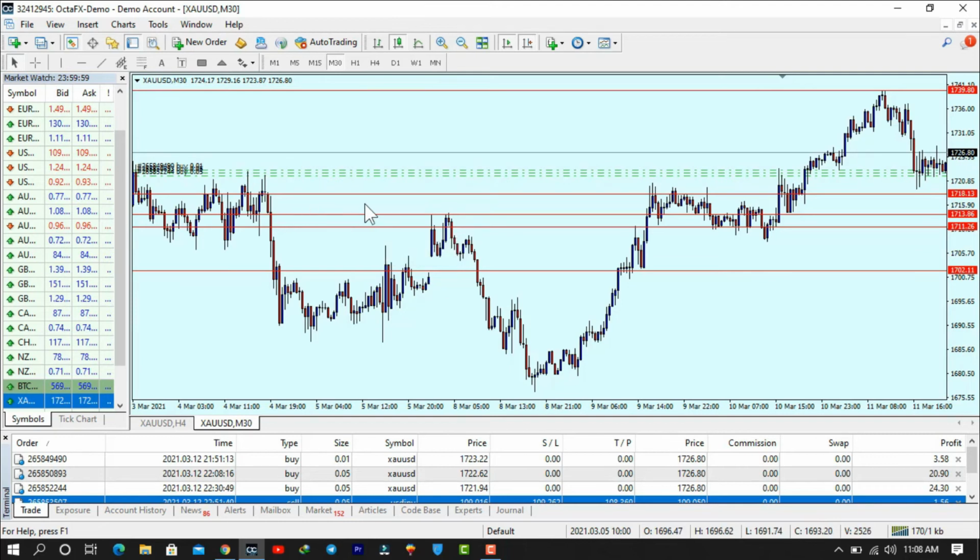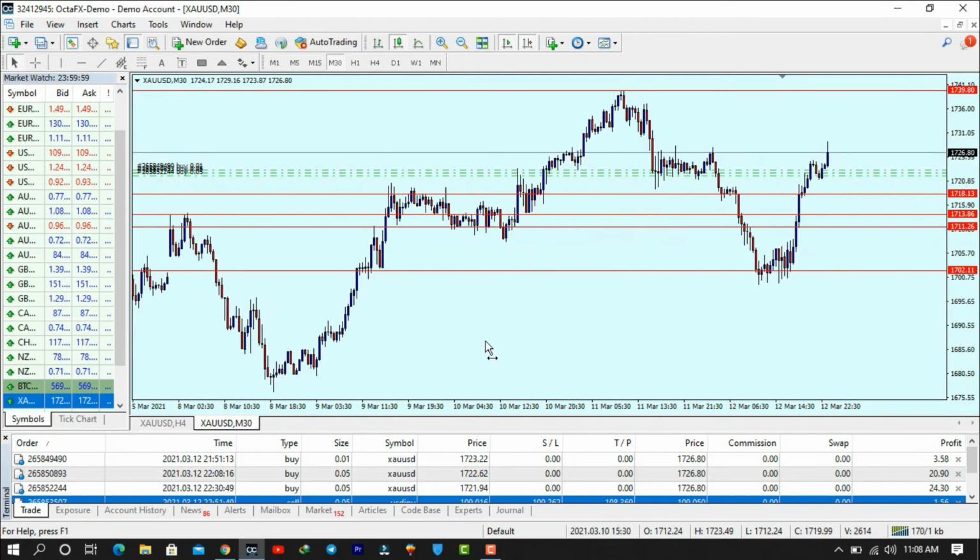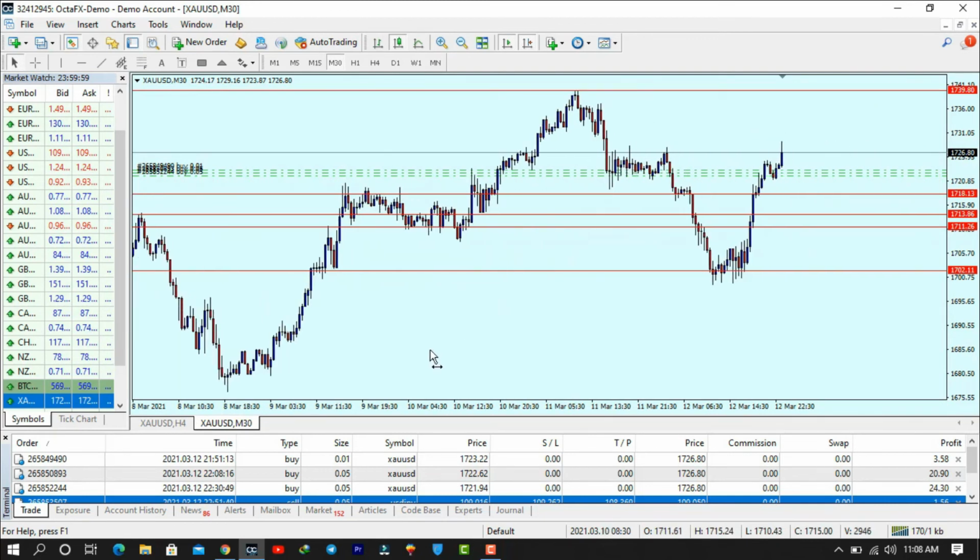This was our safe zone. The SL is not a big amount, it's just around 40 pips. So this was a video on how to draw the support and trend lines perfectly.